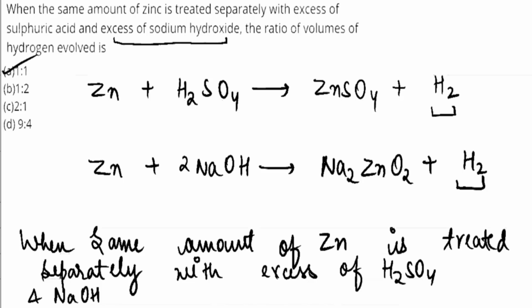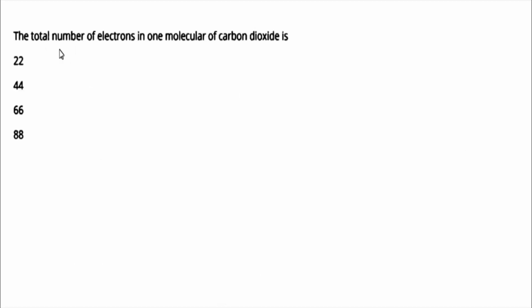Hello students, the question given is the total number of electrons in one molecule of carbon dioxide. We have to calculate the total number of electrons. So first of all, what is carbon dioxide? Carbon dioxide is CO2. In carbon dioxide we have one carbon plus two oxygen.